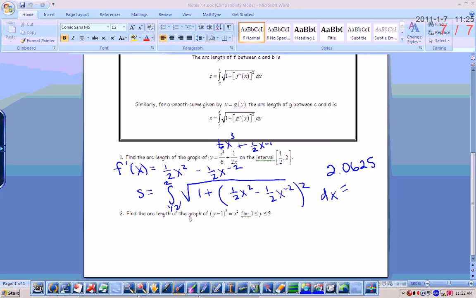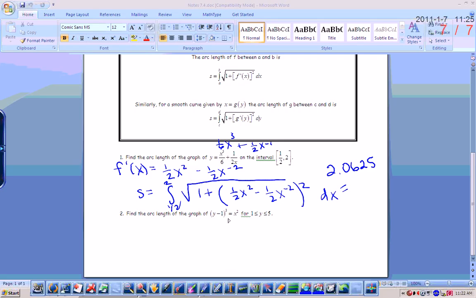Okay, number 2, find the arc length of the graph y minus 1 quantity cubed equals x squared between y equals 1 and y equals 5. So because I'm interested in the distance between y values, what do you think I need to solve my equation for? X. Very good.